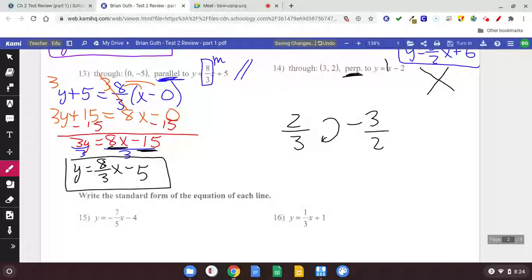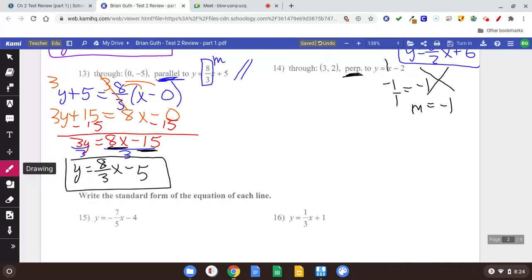Those two things are opposite reciprocals. But in this case, we've got a slope of 1. If you think of it as a fraction, that's 1 over 1. Well, when we take the reciprocal, we're still going to have 1 over 1. We just need to change the sign here. And so our perpendicular slope will be negative 1. M equals negative 1.